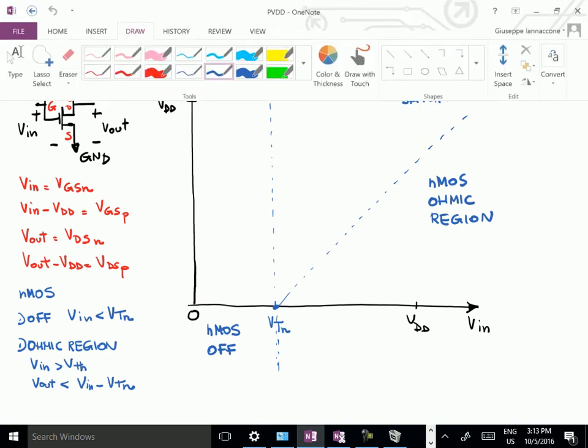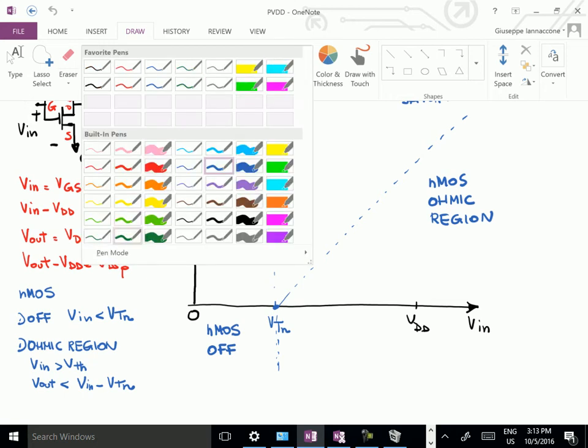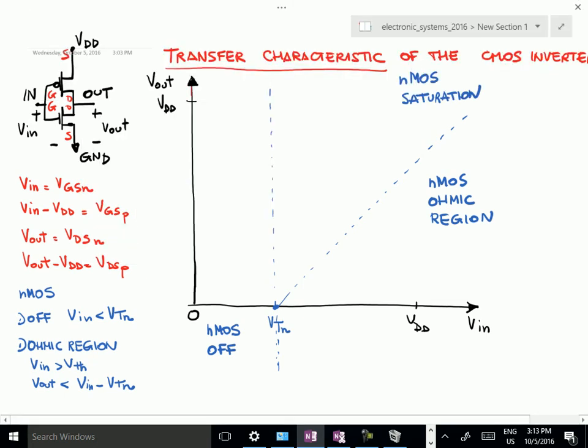As I said before, with these considerations we are able to say for each point in this xy plane what is the operating condition of the NMOS and what is the operating condition of the PMOS. Okay, let's write the same considerations for the PMOS.